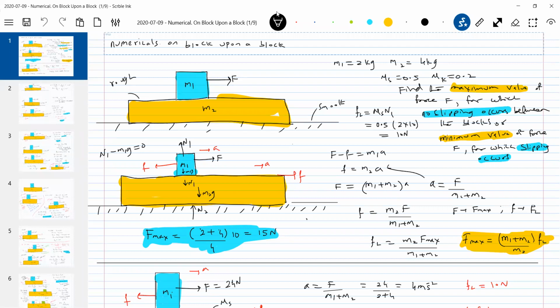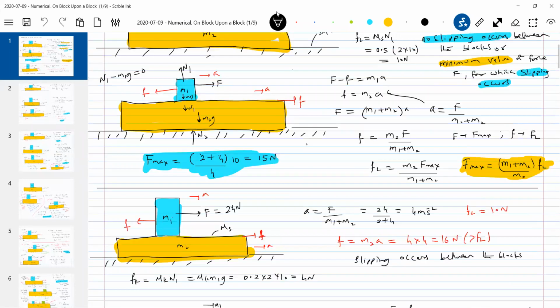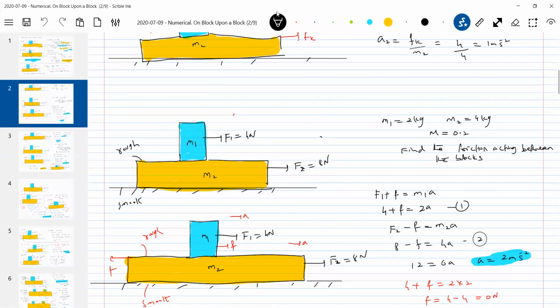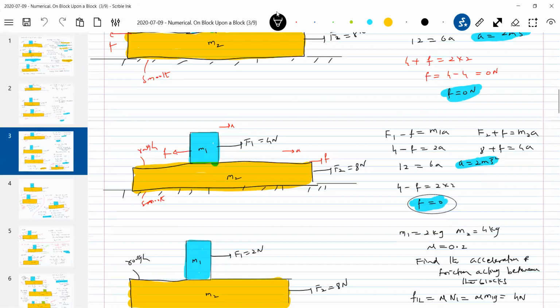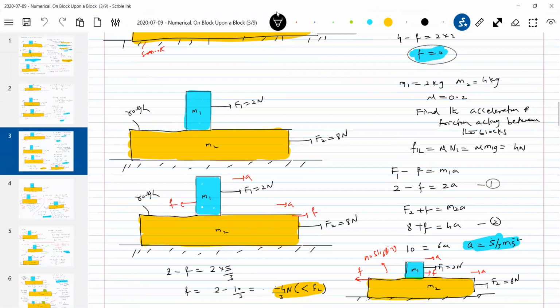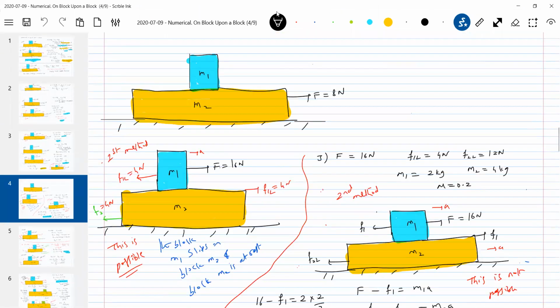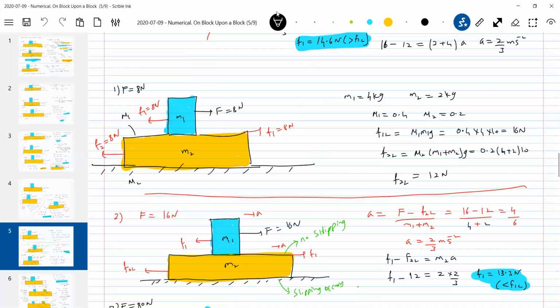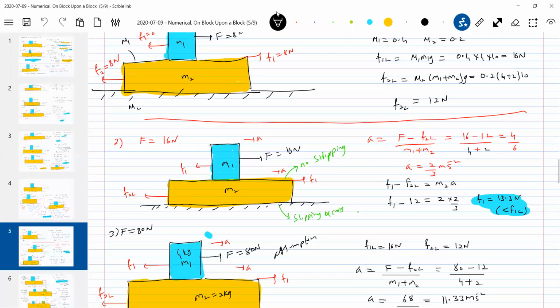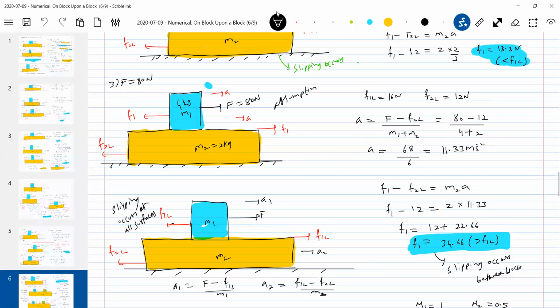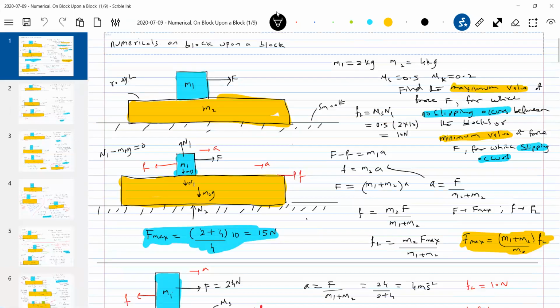Look at this. Yesterday we discussed, no? F equal to 8 Newton I applied. I think the first content is missing, did not save.